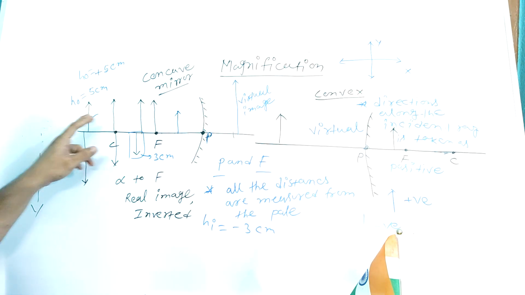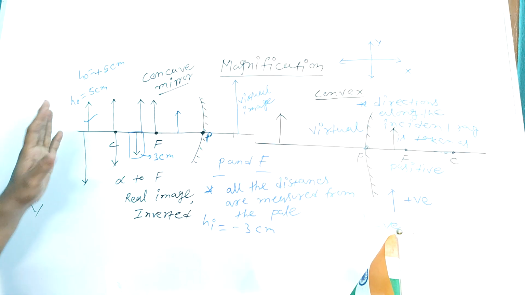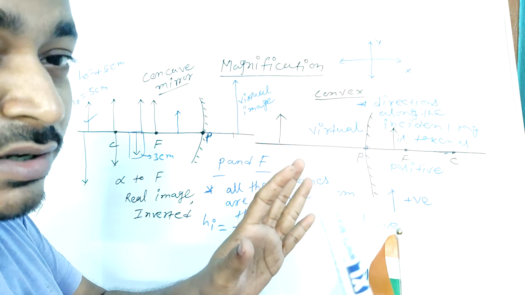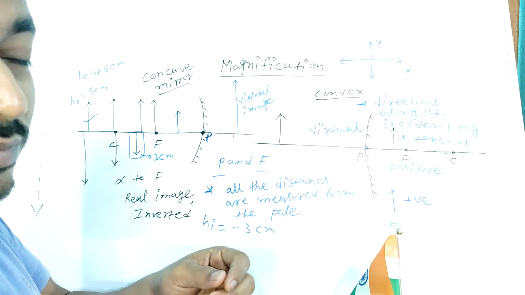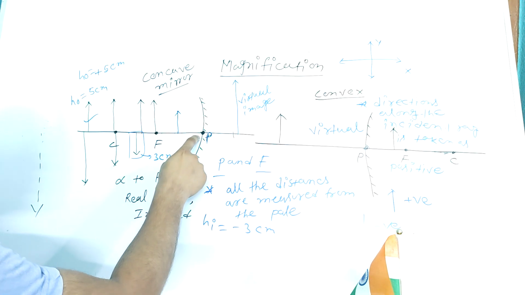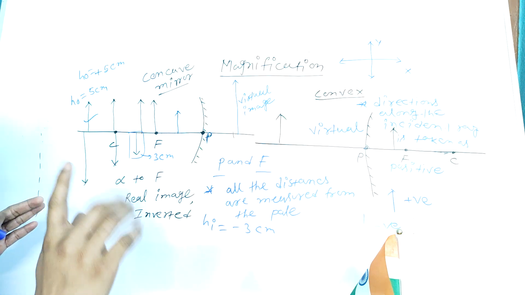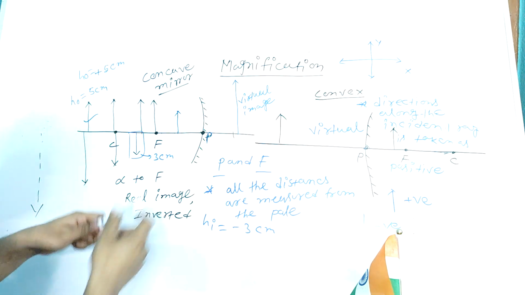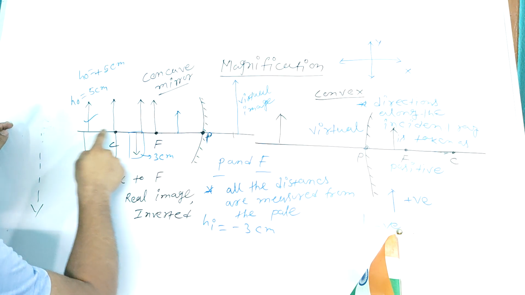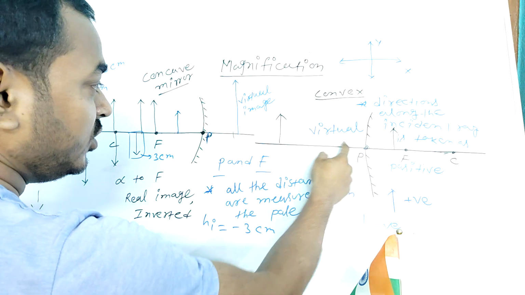Pole to object. So be careful. Sorry for the inconvenience. See this one: pole to the object. So this is the pole and the object. Again here, pole to the object.